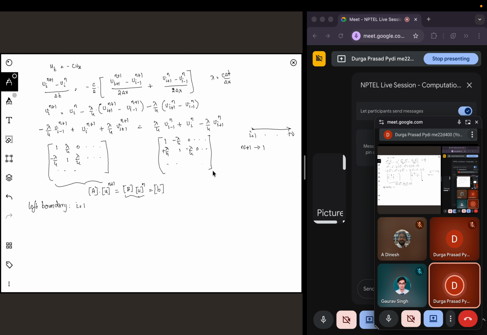In the governing equation we have minus lambda by 4 times i minus 1, which is basically going back to n. So this will be u_n^{n+1}, plus i being 1, plus lambda by 4, and everything else remains the same, so u_2^{n+1}. The same goes here: i minus 1 will become u_n.